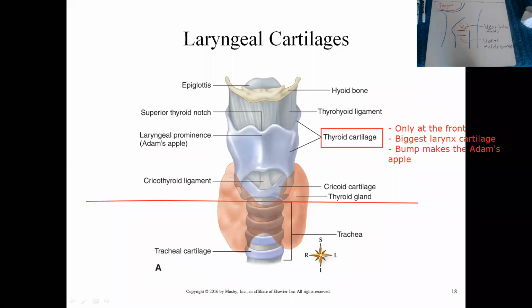Secondly, we can see below the thyroid cartilage, the cricoid cartilage. Cricoid is below thyroid cartilage, and the cricoid goes all the way around. It's a full ring. That's what I want to show on the front view.